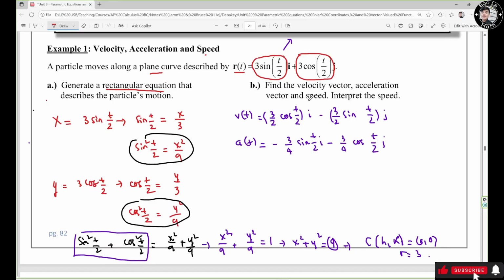Now we need to calculate the speed. The speed is the magnitude of v of t.